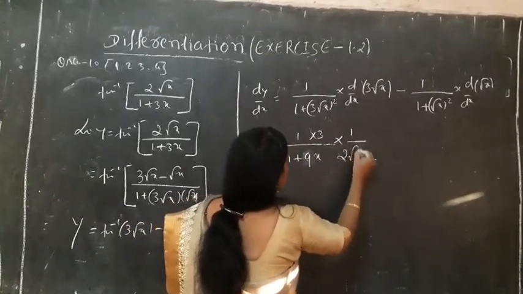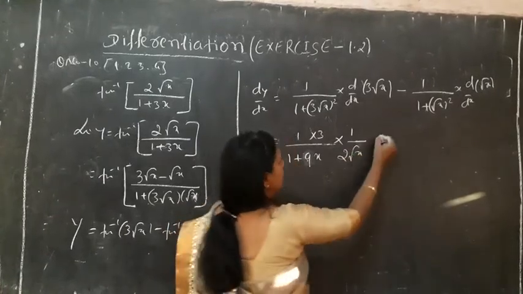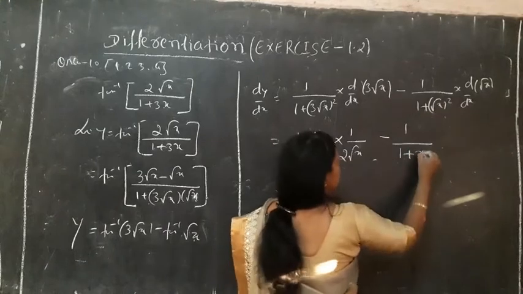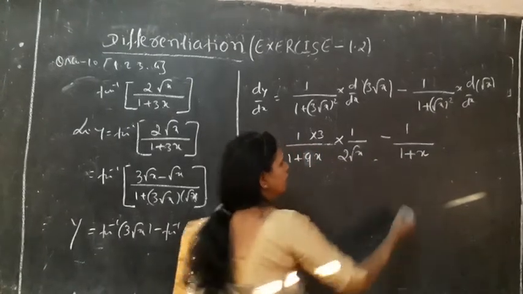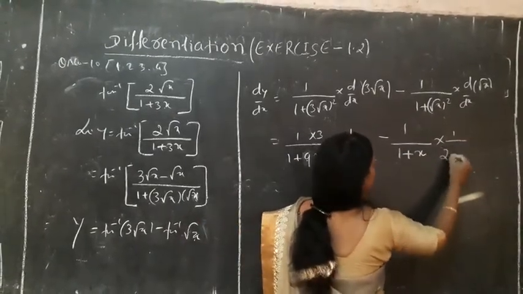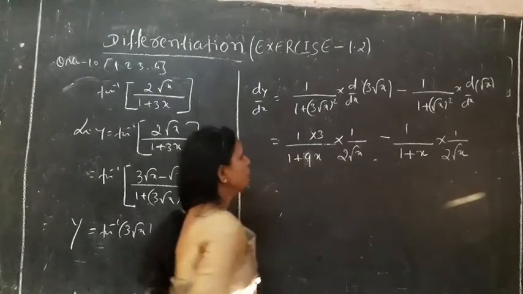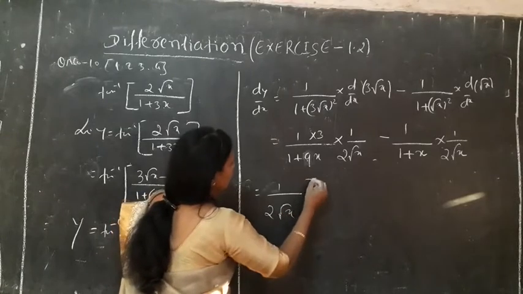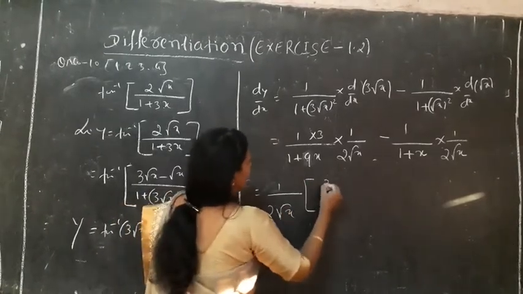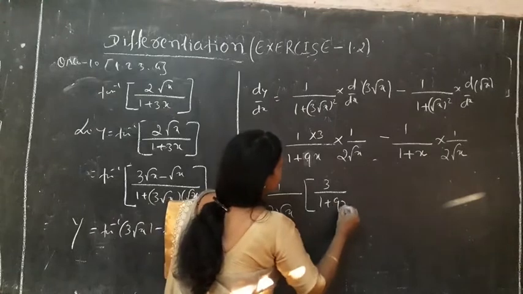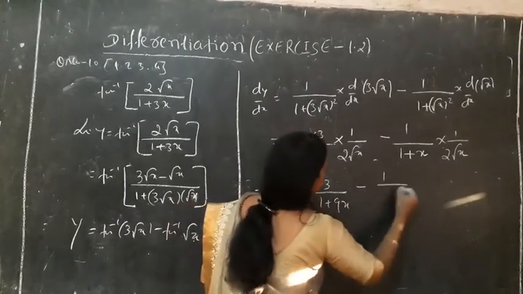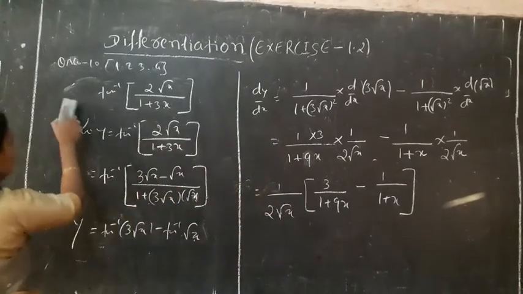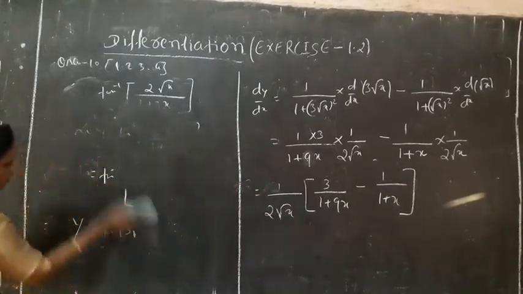Differentiation of root x is 1 upon 2 root x. Minus 1 divided by 1 plus x, and the square and root get cancelled. Observe these two terms: 1 upon 2 root x is common. We can write 3 divided by 1 plus 9x minus 1 divided by 1 plus x. This is the answer.